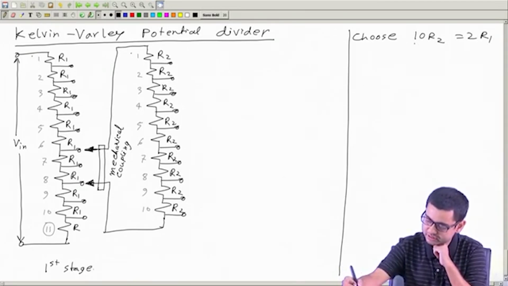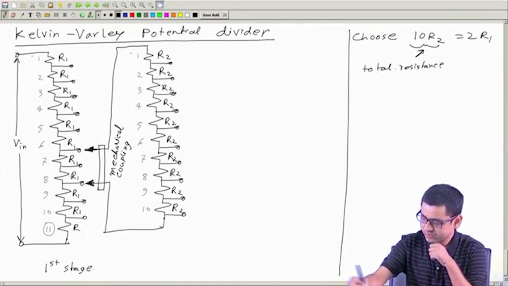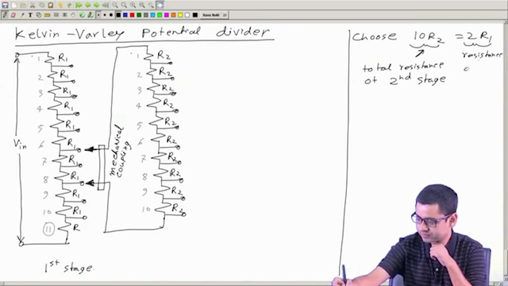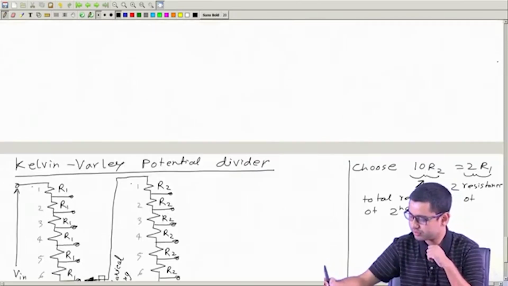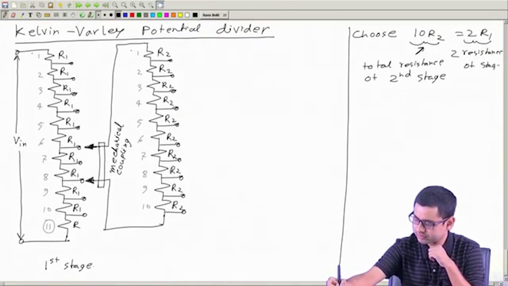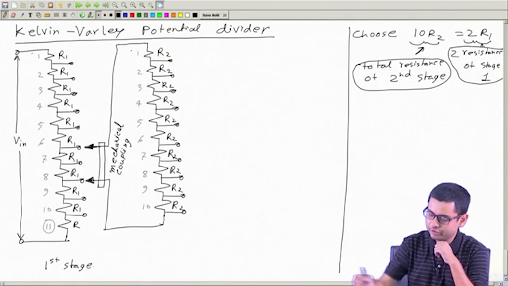Okay. So, this is total resistance of second stage, and this is resistance of two resistances of stage 1.